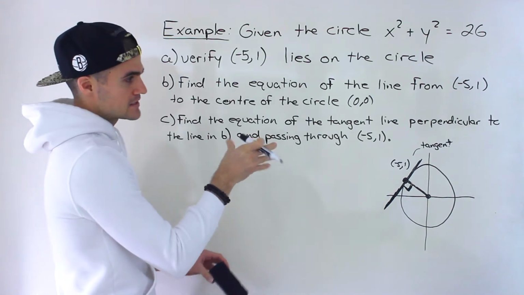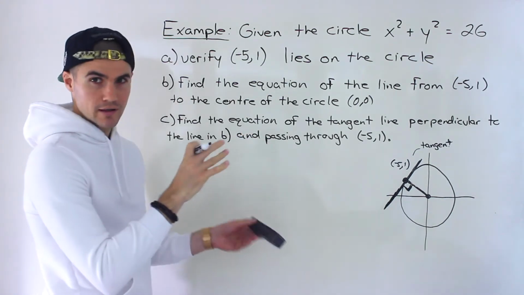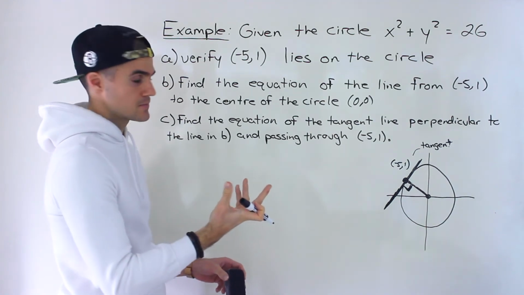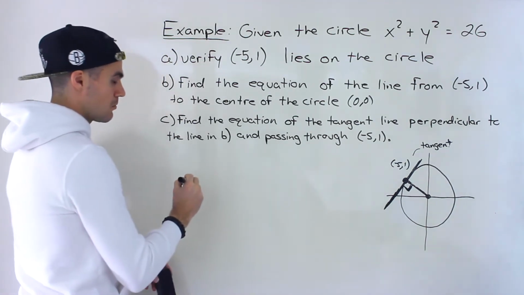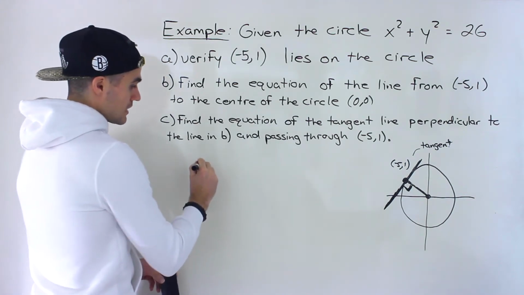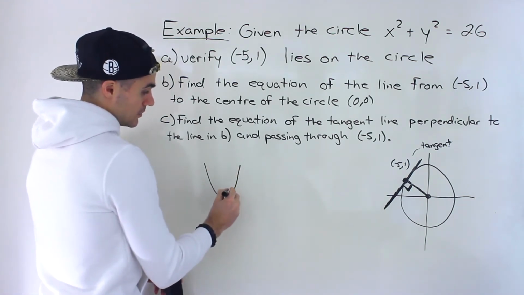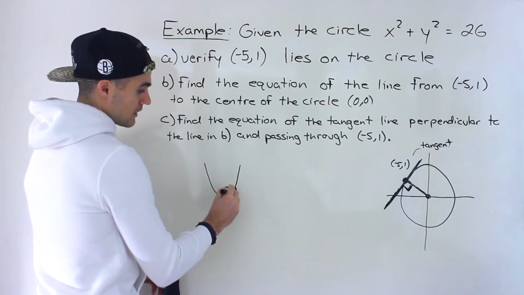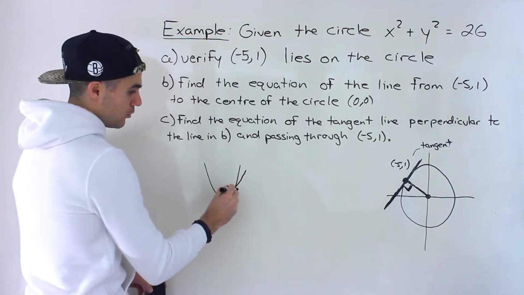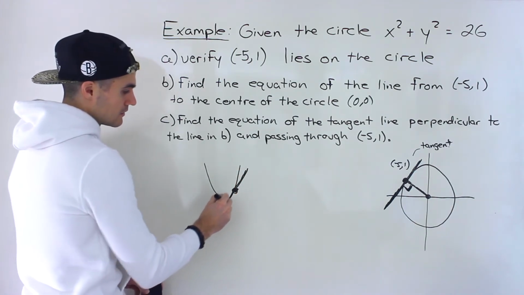You're going to see the tangent line come up more in grade 12. It's a very important concept in calculus. Tangents can be on anything, even on a quadratic, a parabola. Let's say at this point, a tangent line would just touch that point like that.